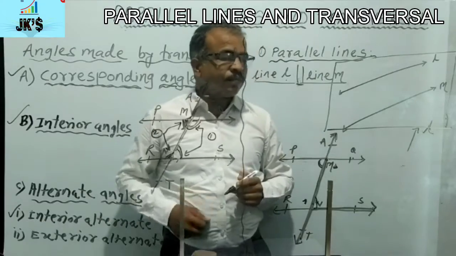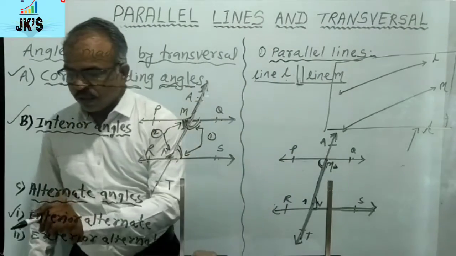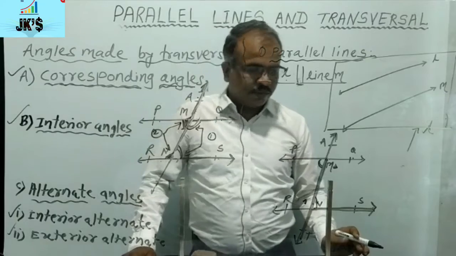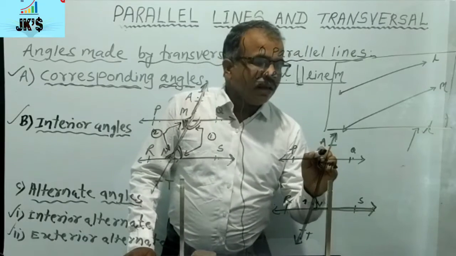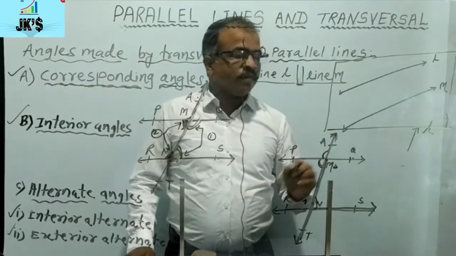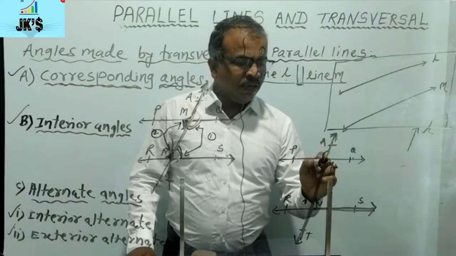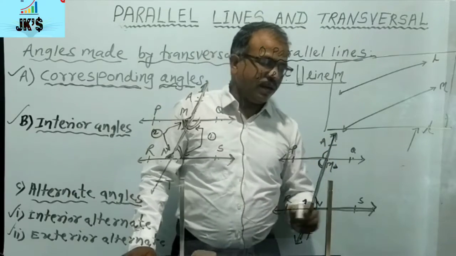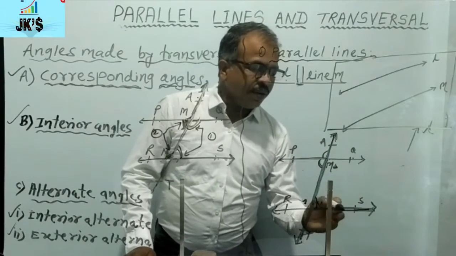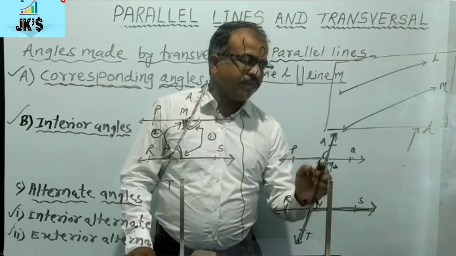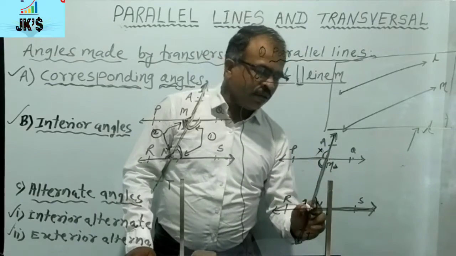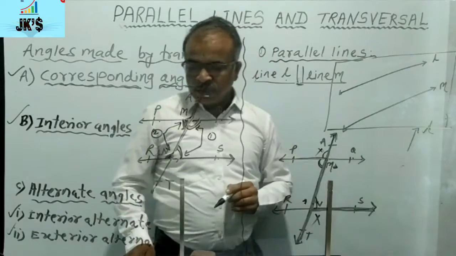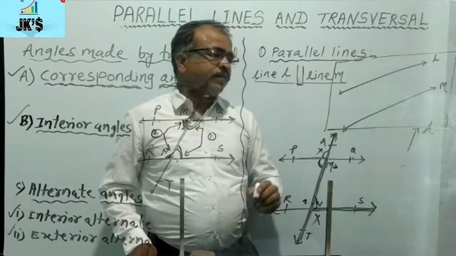Similarly, the second type is exterior alternate angles. When we consider this angle AMP and angle SNT, this angle and this angle are exterior alternate angles.